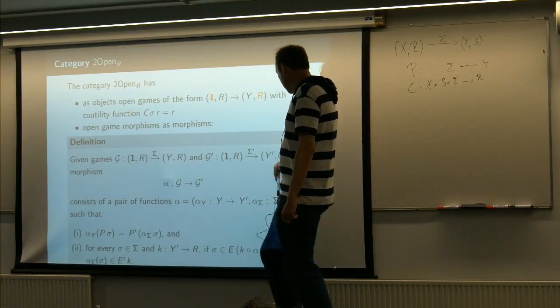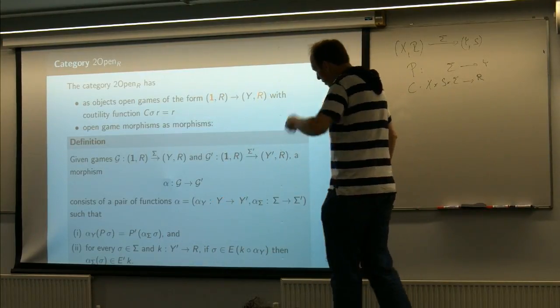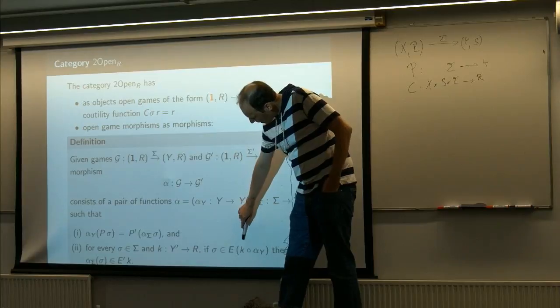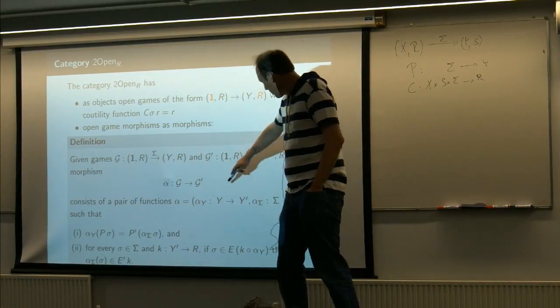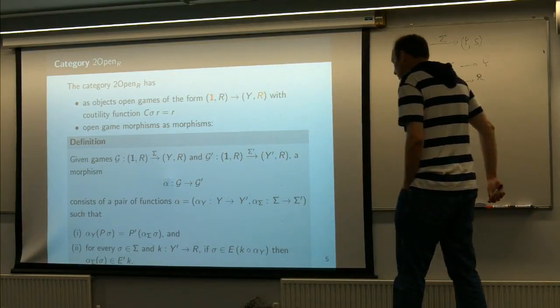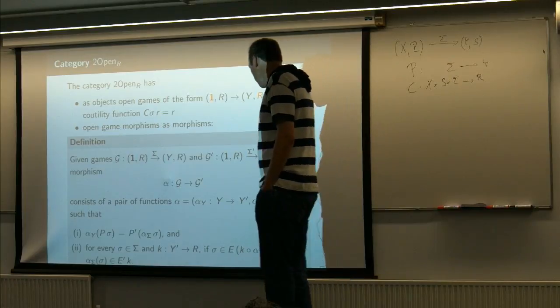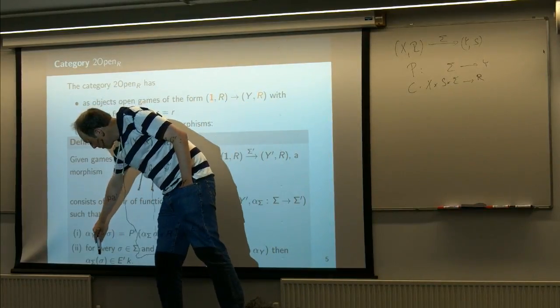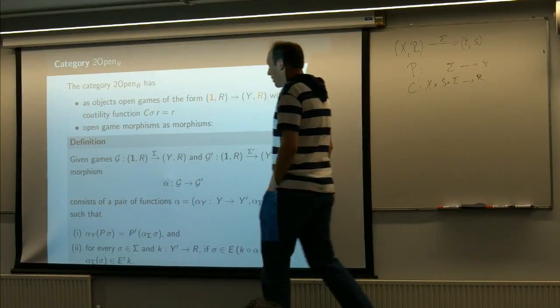If I'm in equilibrium for the payoff that I'm getting here by post-composing with alpha y, then the image under this function has to be in equilibrium in G prime.